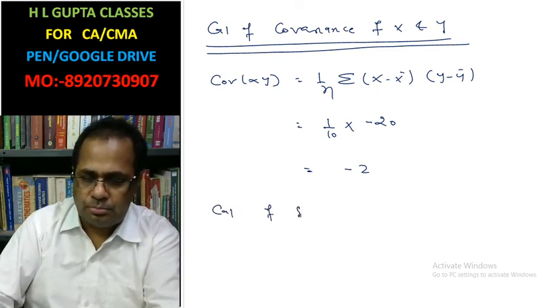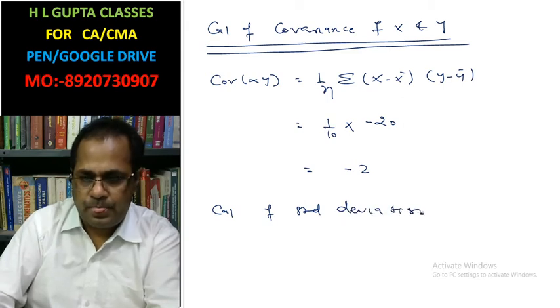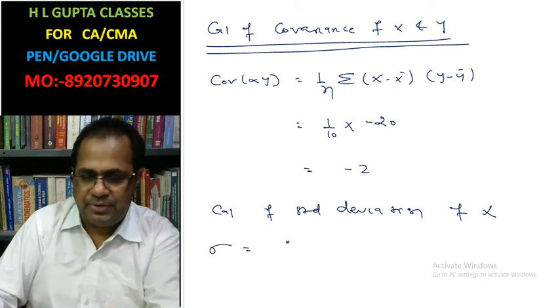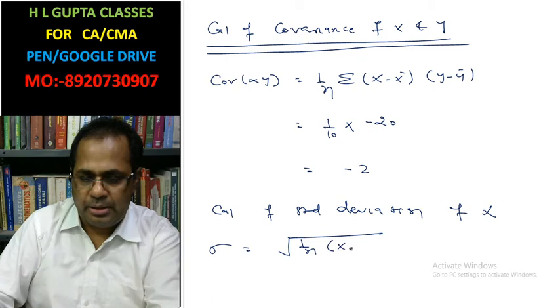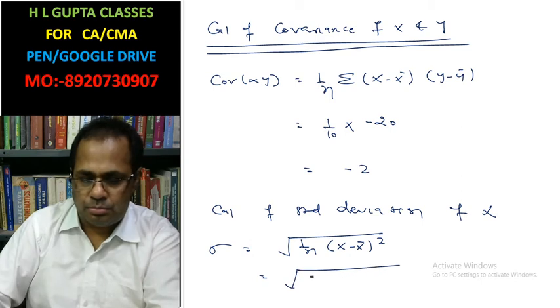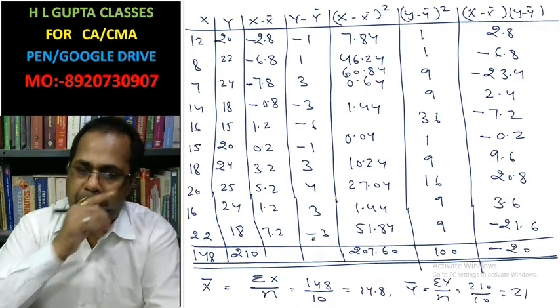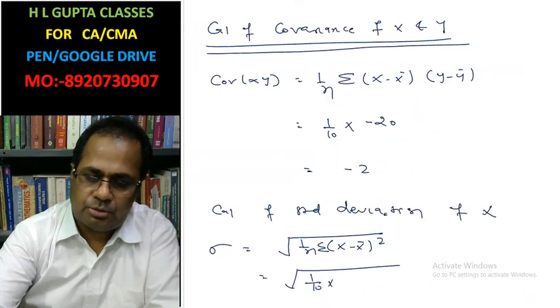Okay, now calculation of standard deviation of x. The standard deviation formula is root under 1 upon n summation (x minus x bar) whole square. That is root under 1 upon 10 into the summation, and the summation of (x minus x bar) whole square is 207.60.